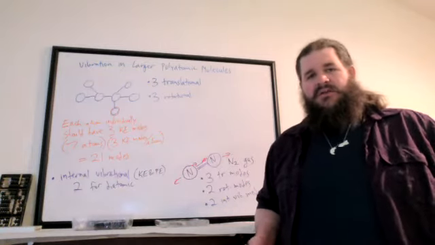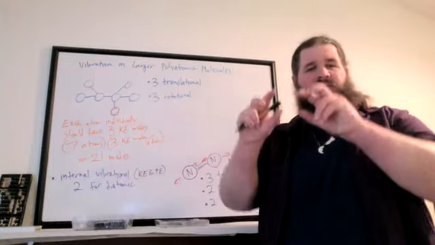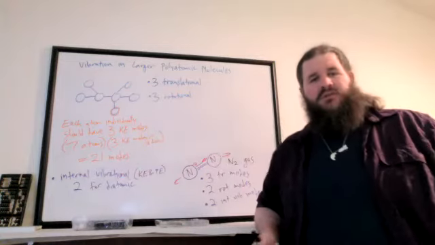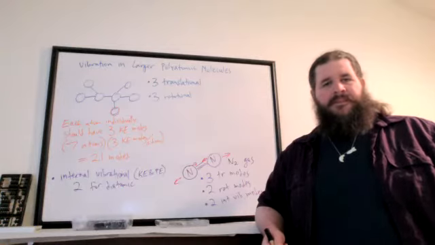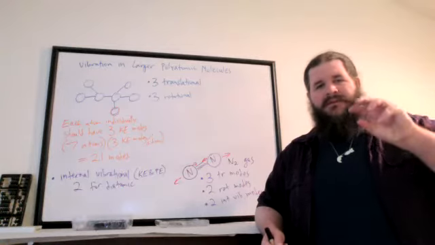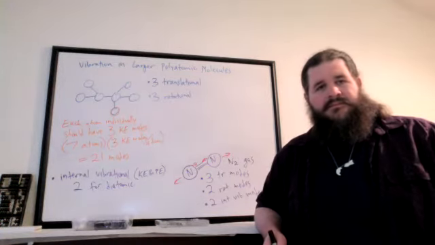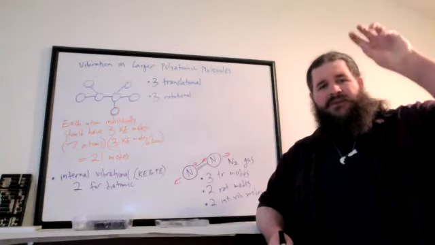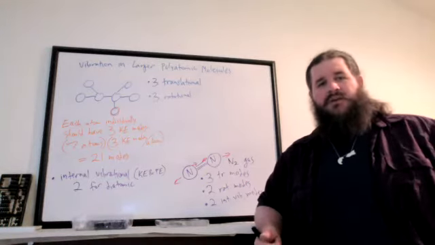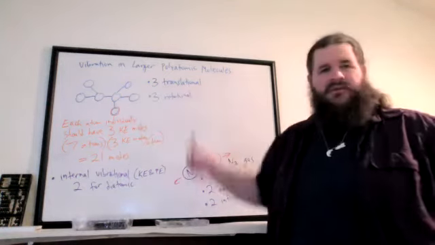But we've already counted some of those modes. Some of these 21 modes happen to involve all 7 atoms moving in the same direction. Those would really count as what type of modes? Translational. Yeah, if all the atoms happen to be moving in the same direction, we would just say the whole molecule is experiencing translational motion, and we've already counted the 3 of those.